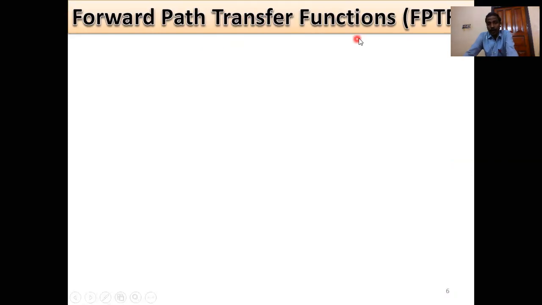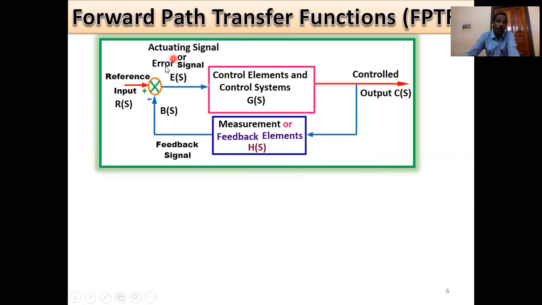Then forward path transfer function. What is forward path transfer function? This is the closed loop block diagram, or feedback block diagram, with the feedback path. This section, the reference input or set point, is represented as R of S, and this is the comparator or summing point, also called regulator.